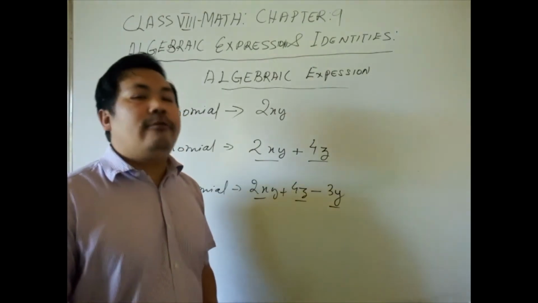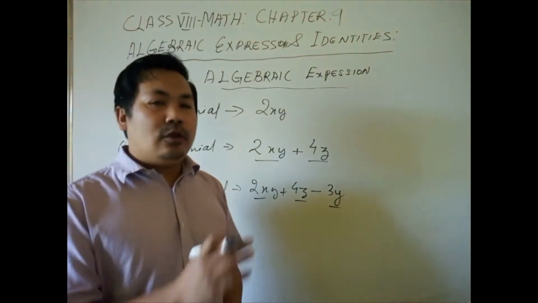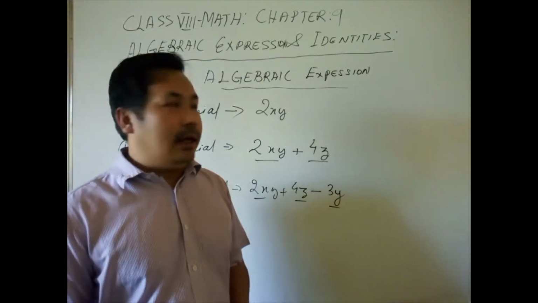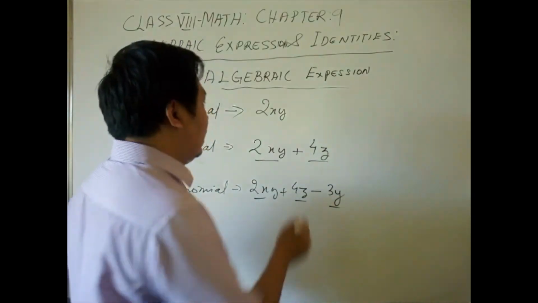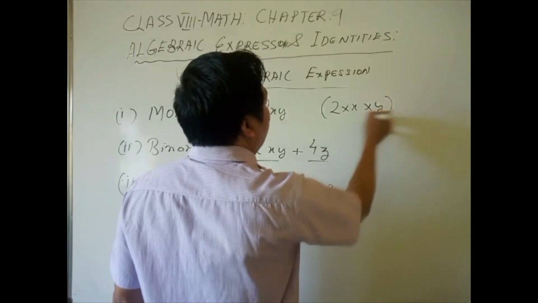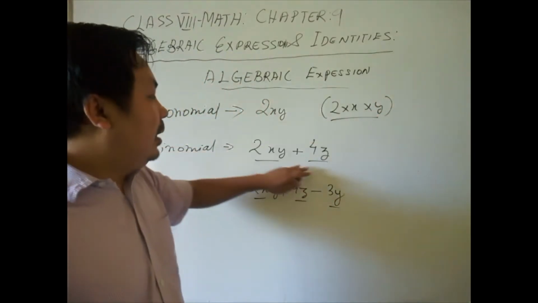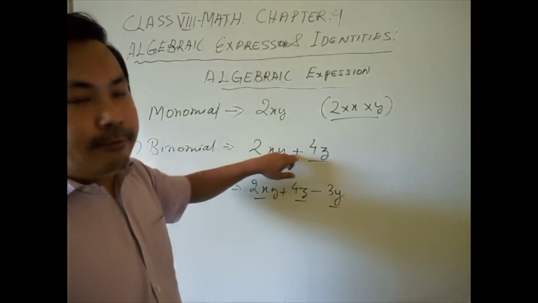So once again, don't forget that terms are separated into different terms by plus or minus sign. Clear? Not by multiplication. For example, see 2 into x into y. This is one term, not different terms. But here they are different terms. Why?